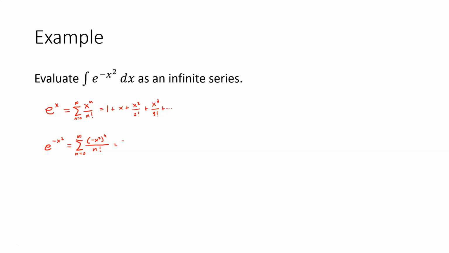So in this case, it would be the series negative 1 to the n, x to the 2n over n factorial. So the terms would be 1 minus x squared plus x to the 4th over 2 factorial minus x to the 6th over 3 factorial, and so on. So now if I want to integrate e to the negative x squared, I can just do term-by-term integration of this series.